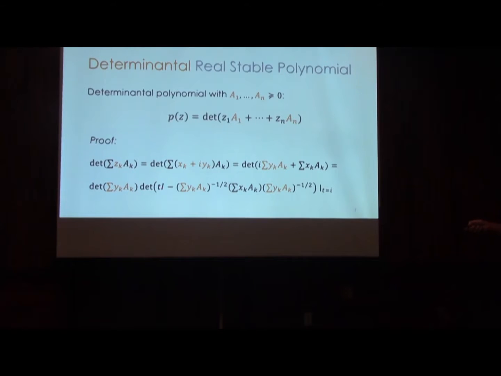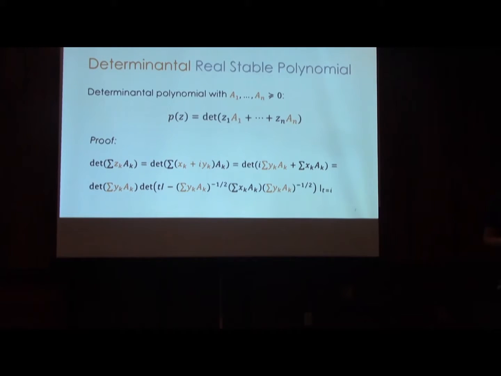But t equals i cannot be real. This basically proves this statement for the case of positive definite matrices. For positive semi-definite matrices, you have to take limits, and you have to use the fact that the limit of real stable polynomials is real stable, which I'm not going to do.